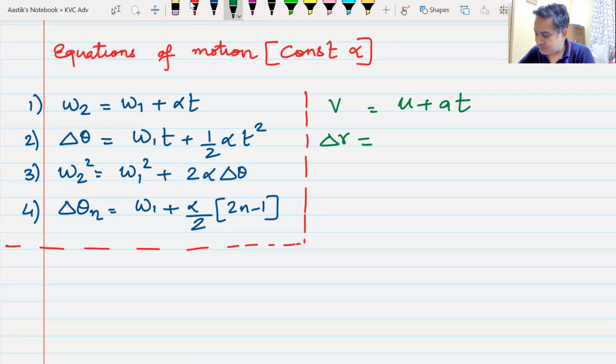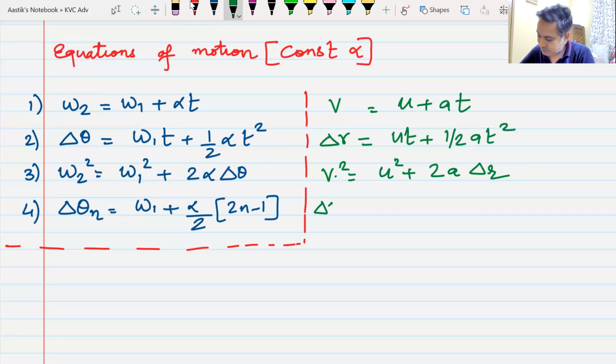Displacement delta r is equal to ut plus half at square. v square equals u square plus 2a into delta r. Displacement in the nth second will be u plus a by 2 into 2n minus 1.